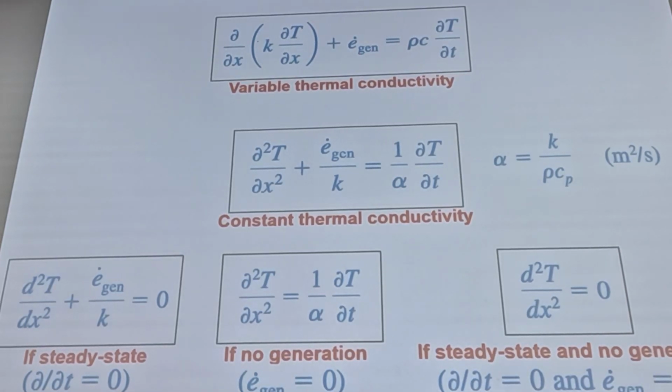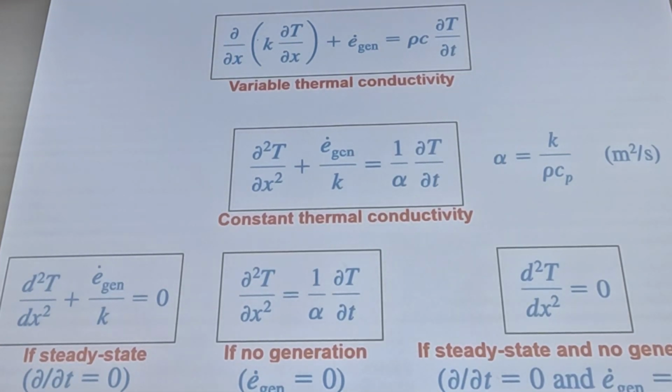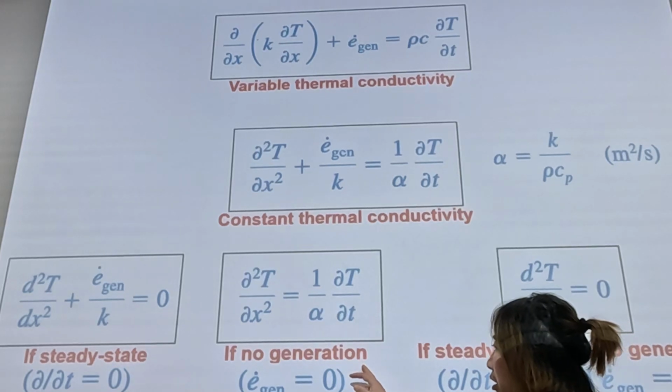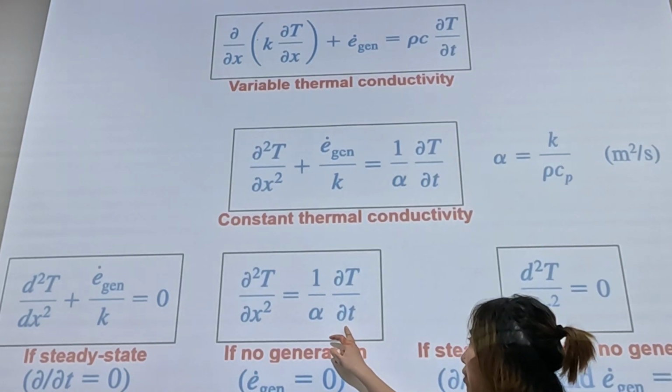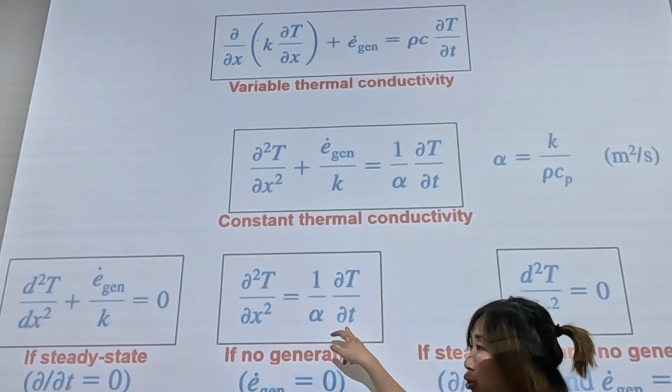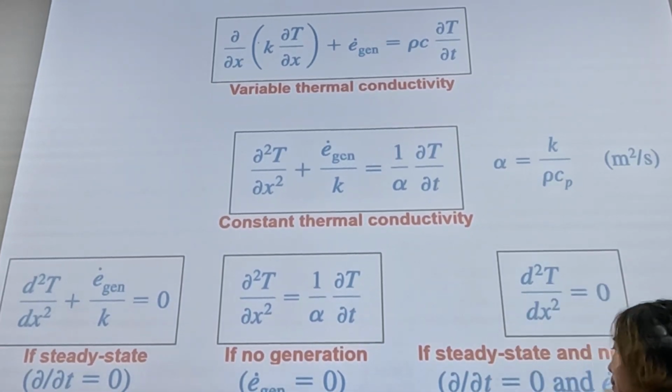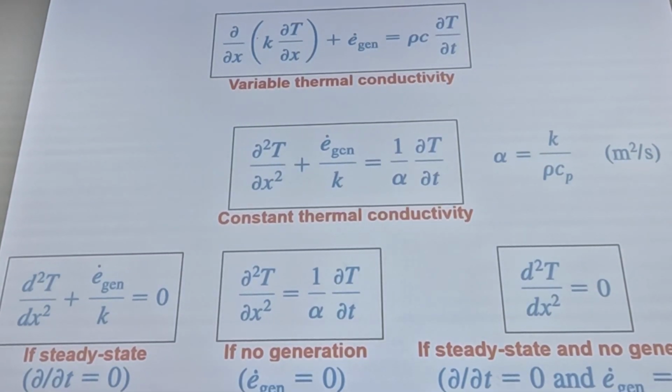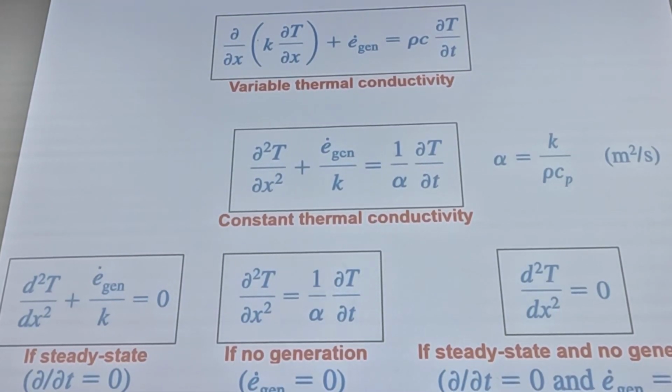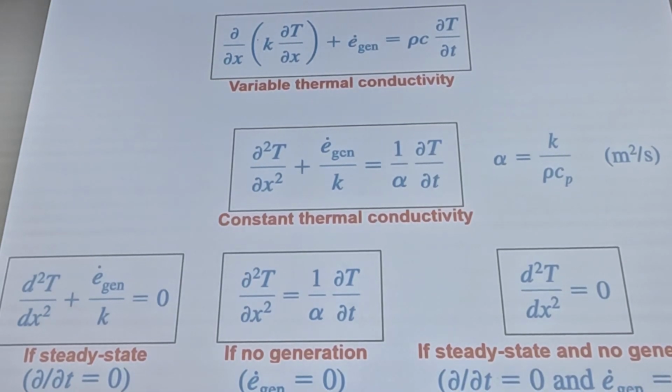What we didn't talk about is if it's non-steady state but without generation, then you still need to keep the temperature change term here. But usually we discuss steady state and no generation. This will be the Laplace form.